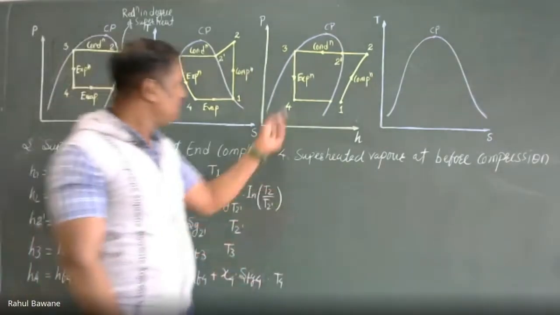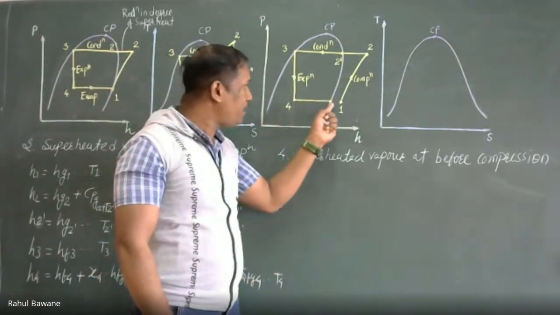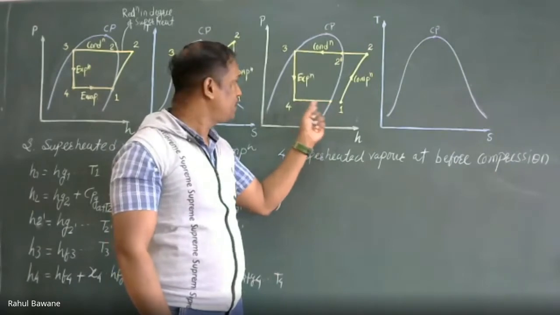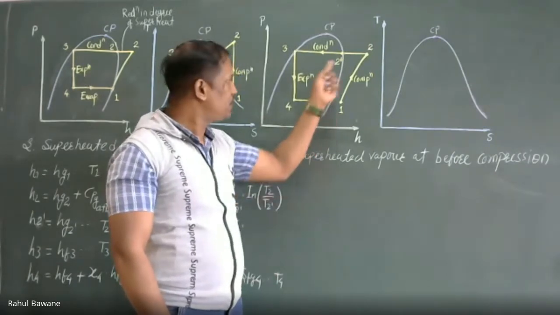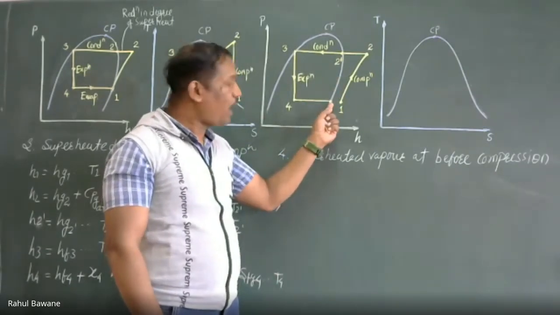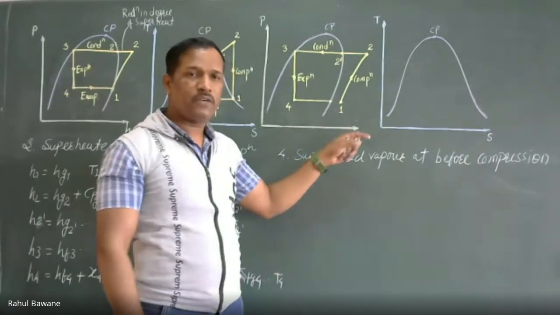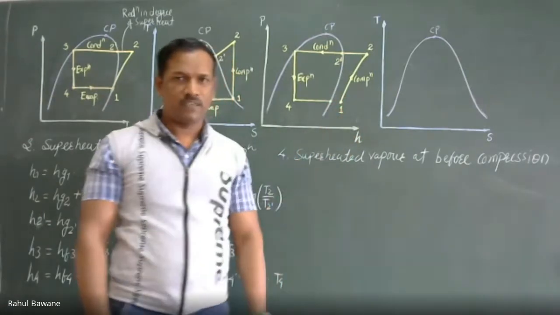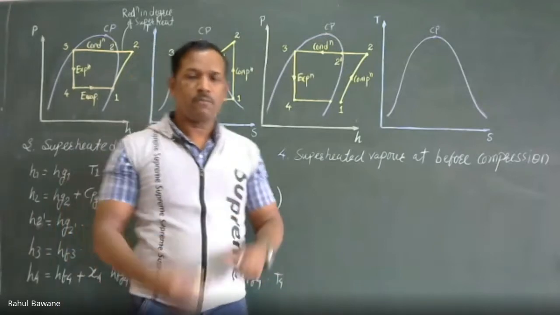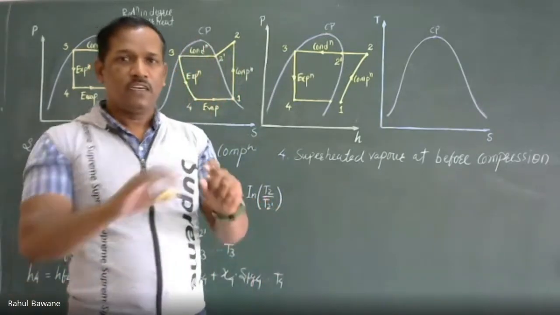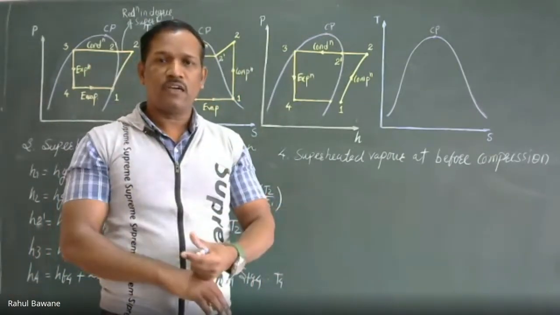Now the question is, we can have a refrigerant at saturated dry condition, but how does it become superheated before its compression starts? So imagine our compressor is running at very high speed, its overall parts get heated.